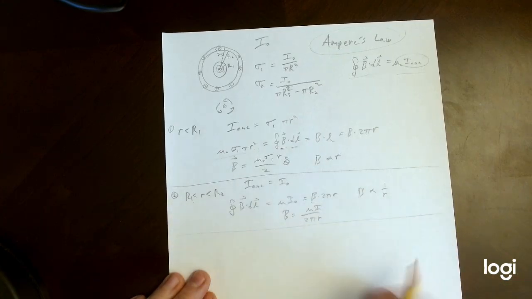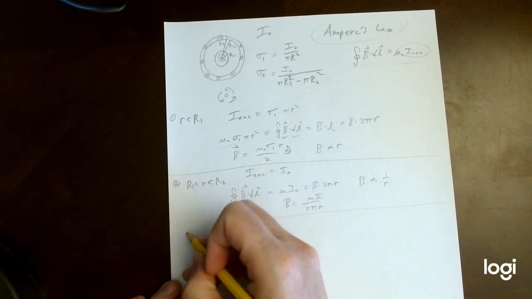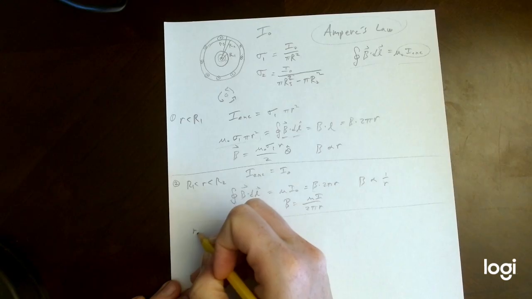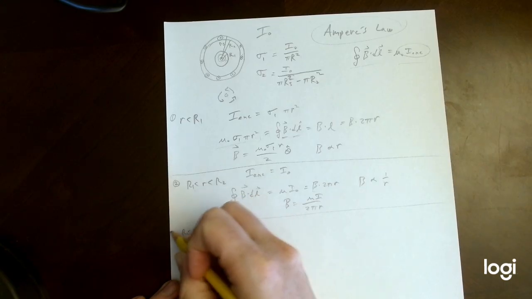Okay, then we can say our third region might be, what if r is between R2 and R3?